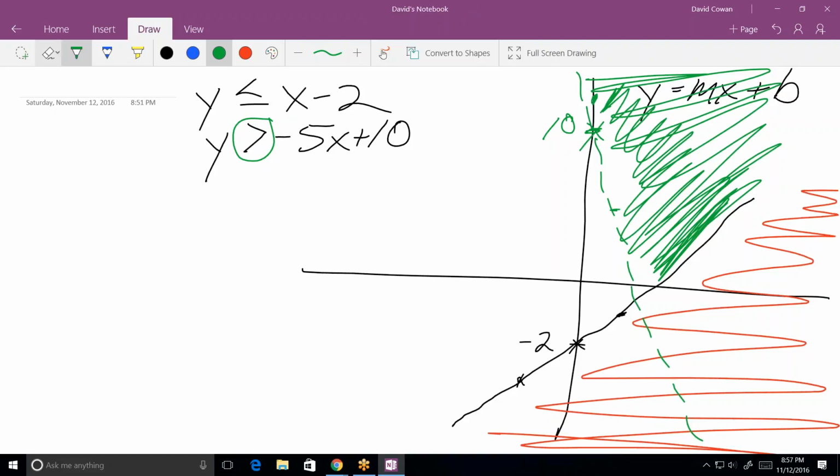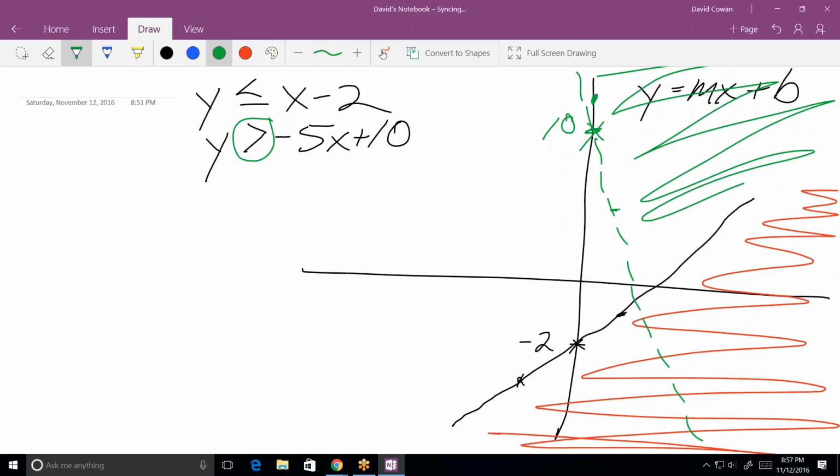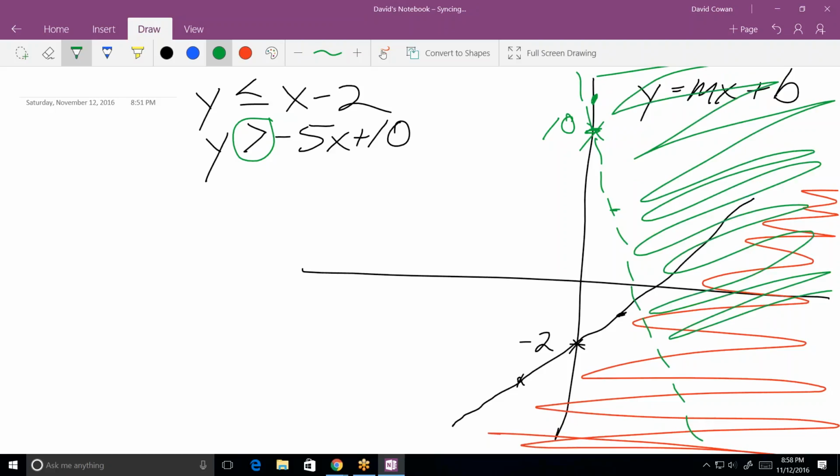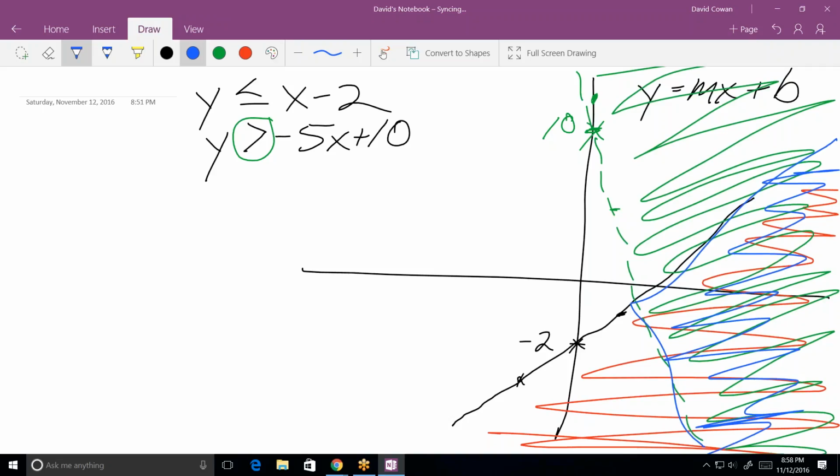Excuse me, I did that wrong. I'm going to shade the whole area in green. Now, the common area, which I'm going to put in blue, is this area here. You see why?